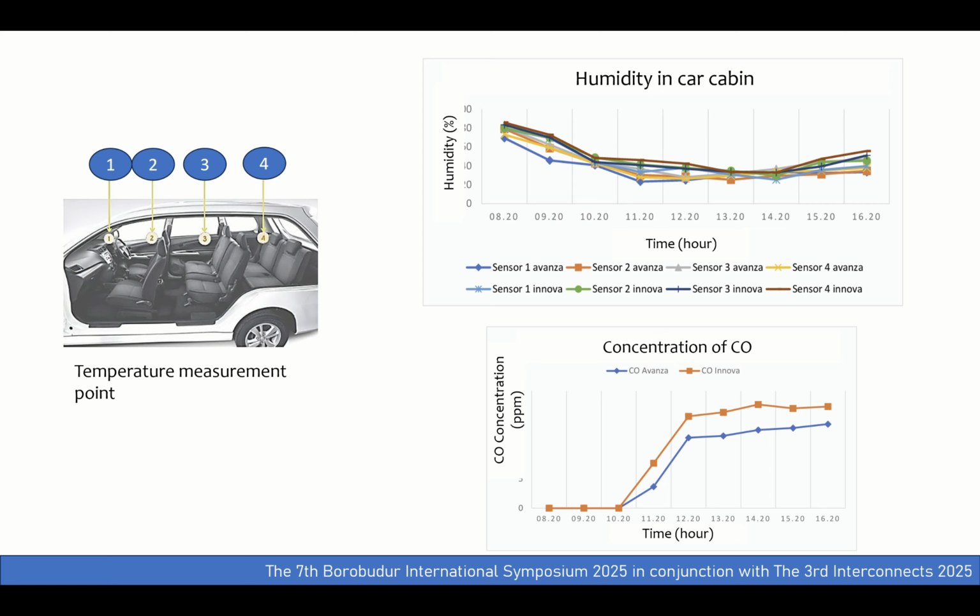We can see the times from 10:20 until 16:12, the carbon is increased. So if we park from 10:20 until 12:00, it is higher, but the carbon will keep increasing until 14:12.